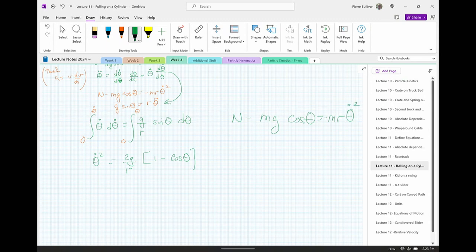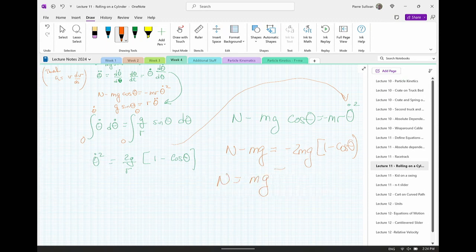So theta dot squared I already know. So I have now a relationship between normal force and the weight.